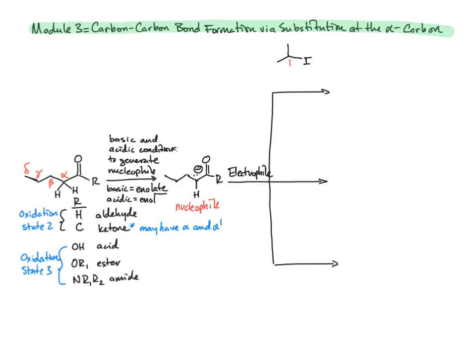And this would undergo an SN2 reaction mechanism where the nucleophile attacks the carbon bearing the halogen, displacing it to end up with the following product.